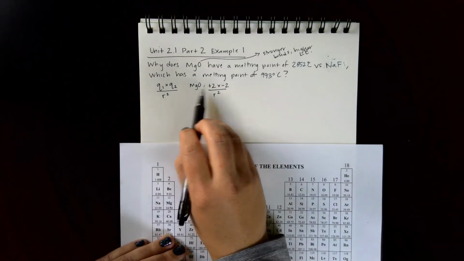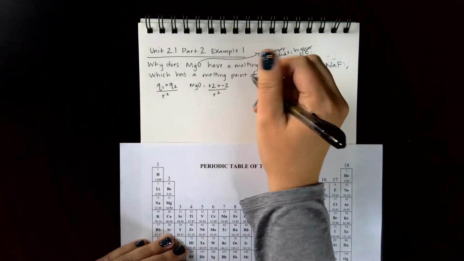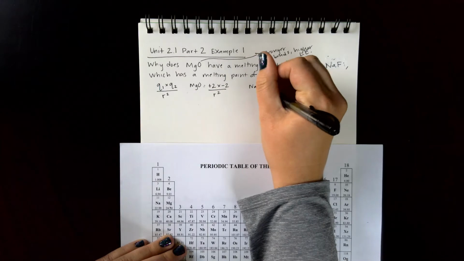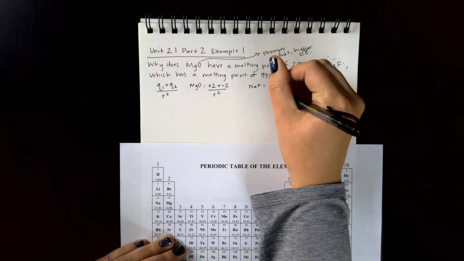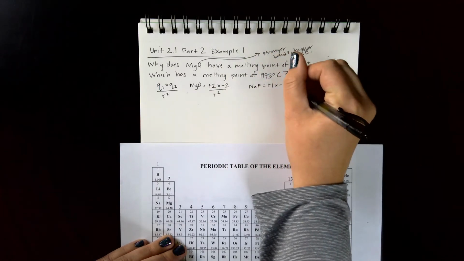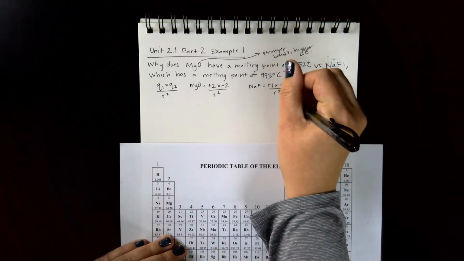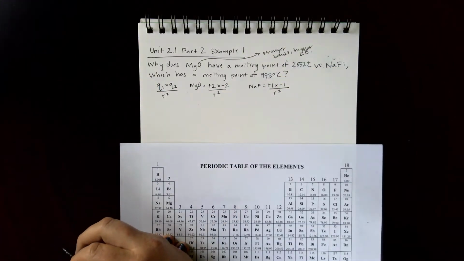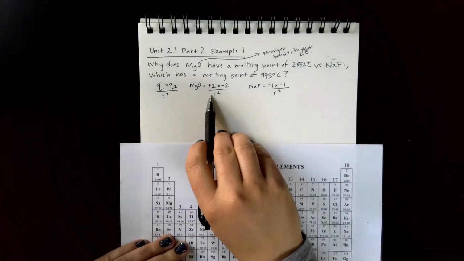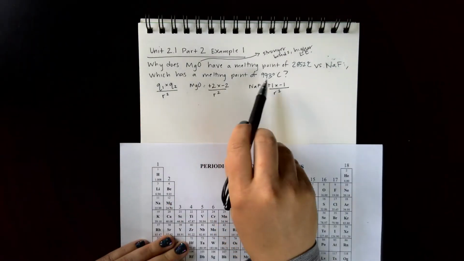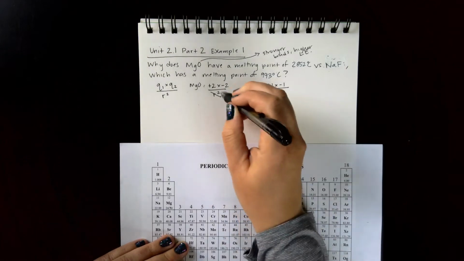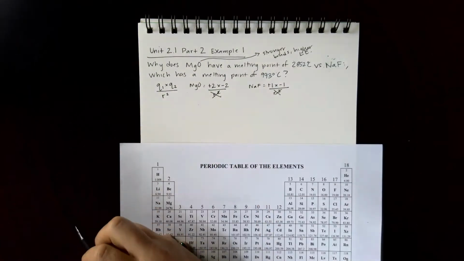So MgO has a charge on top of a +4, and NaF has a charge of a +1 for sodium times a -1 for fluorine, and approximately the same size for the two molecules. So when we compare these two, it's definitely a charge difference because the size is approximately the same.